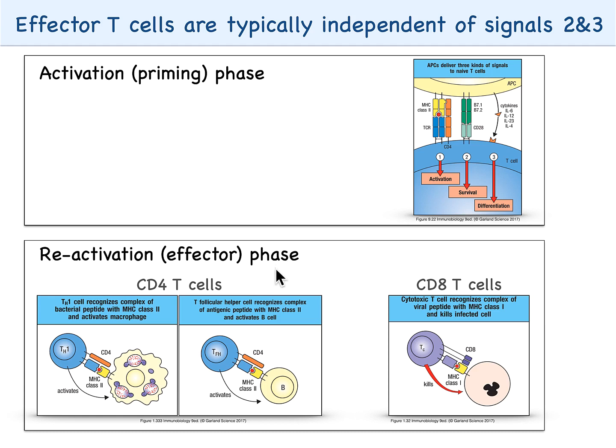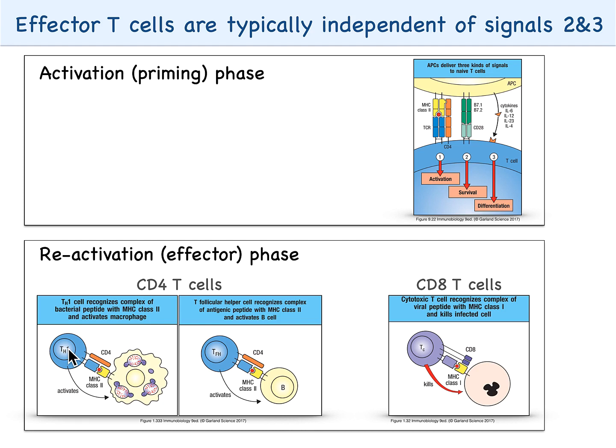So when activated cells get reactivated, when they now recognize epithelial cells infected with influenza, they do not require signal 2 or signal 3. As long as they recognize the cognate antigen, they will kill this infected cell.